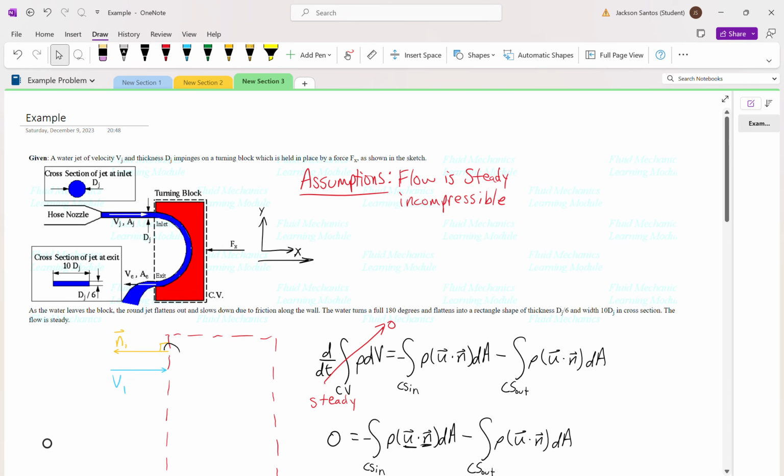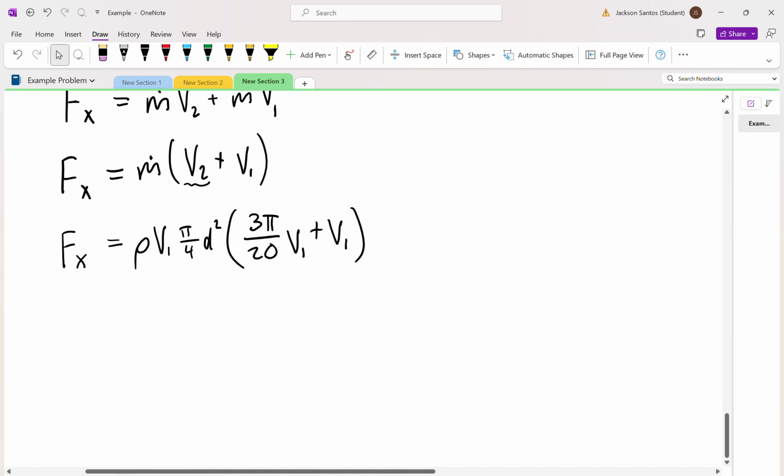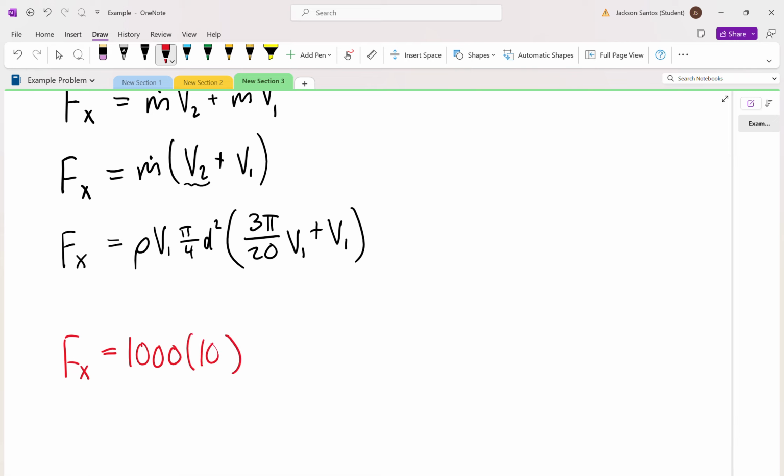So for example, if we wanted to give this some value, we could say that perhaps v1 equals 10 meters per second. Our diameter 1 is going to equal 2 centimeters, and from there we can go back to this equation that we just solved for, and we can say f of x equals the density, which is 1,000, v1, which is 10 meters per second, pi over 4.